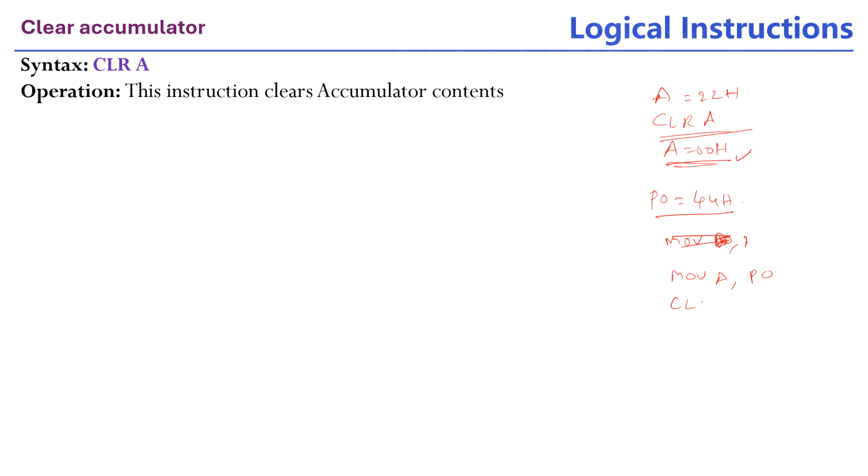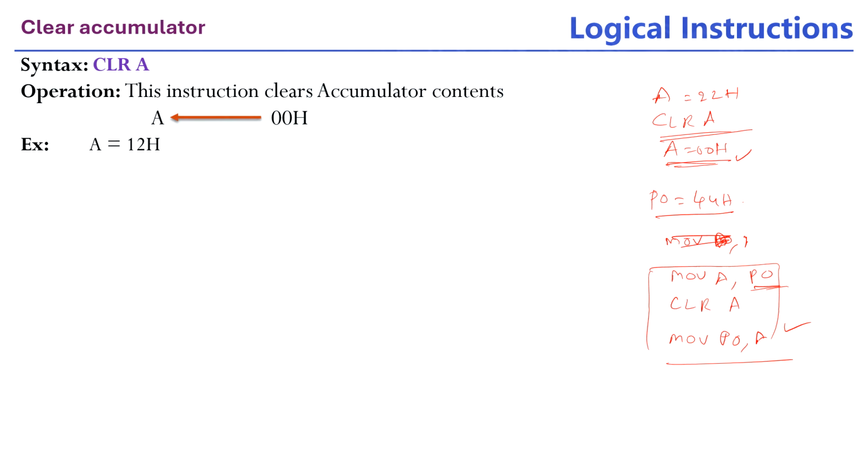Then you can perform clear A. Now A will be cleared, and then you can move A to port 0. In this way you can clear any other register contents. This instruction simply fills the A register with 00H. You can see here A has 12; after clear, A will become 0.